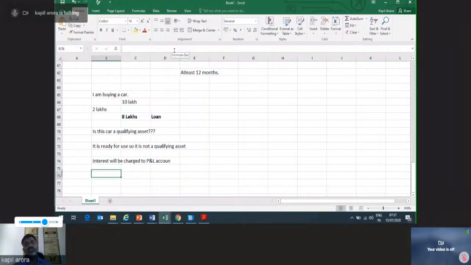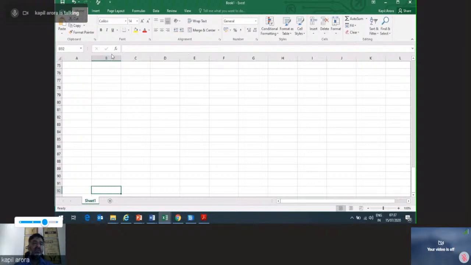So I am just going to consider qualifying assets, meaning those which take more than 12 months. Can you think of certain examples of assets taking more than 12 months in their construction or development?